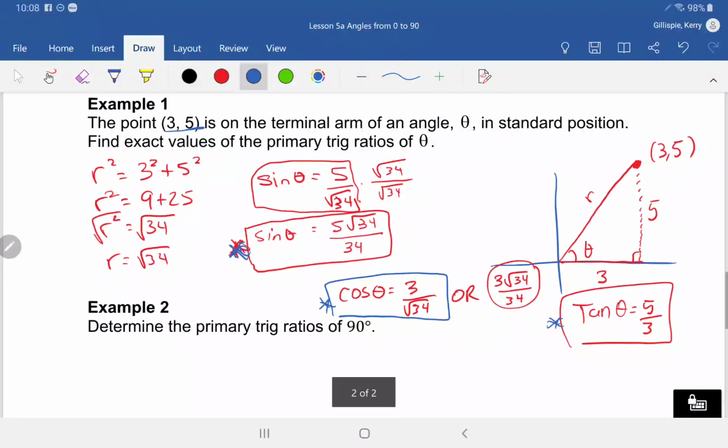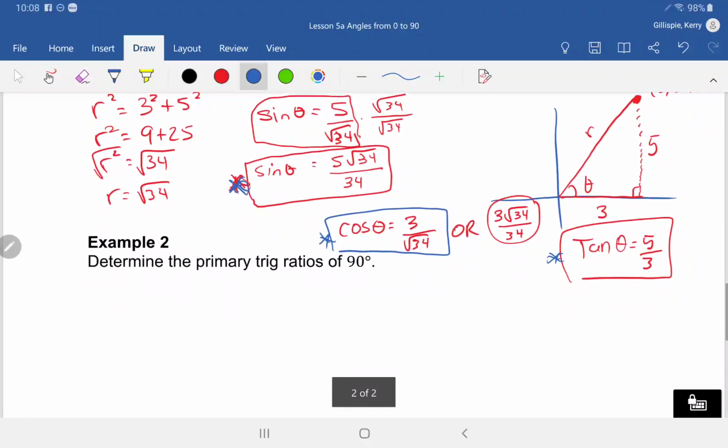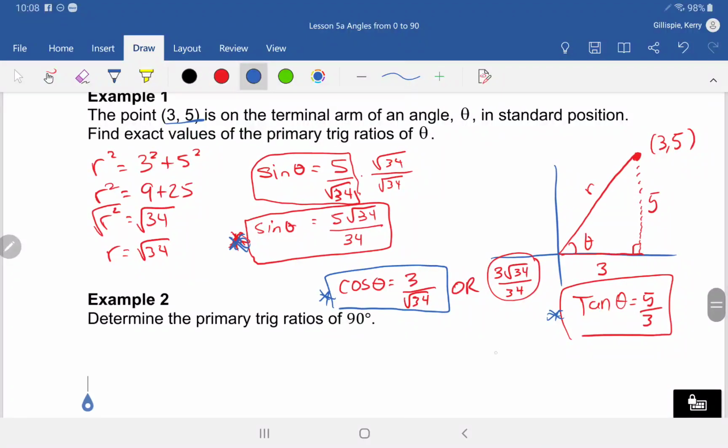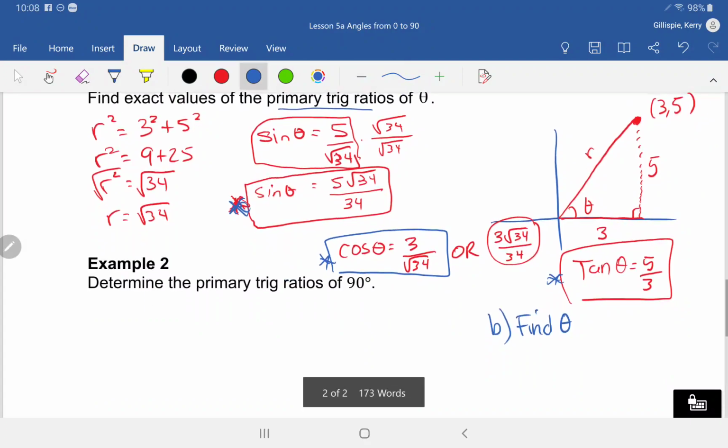This question doesn't actually ask it, but let's go back and finish this question by doing a B part. Let's find angle theta. The first part of the question just simply asked for the 3 primary trig ratios. It didn't ask for theta, but I want to solve for theta as well. Just a reminder, to solve for theta, you need to get rid of sine, cos, or tan. Since this is the one without roots, I would work with this one.